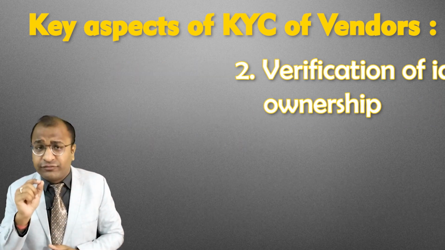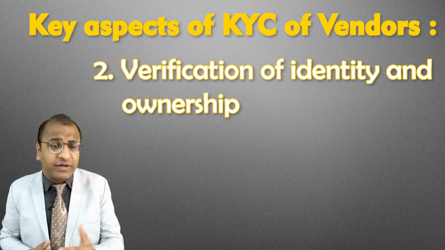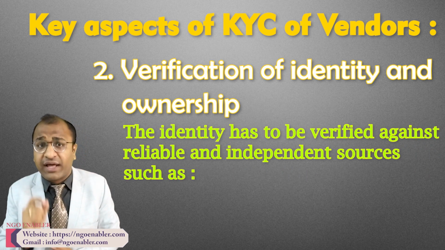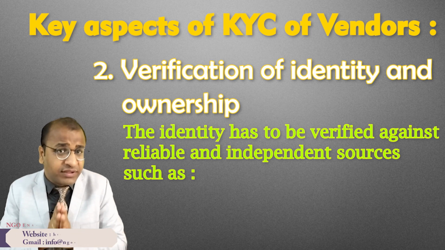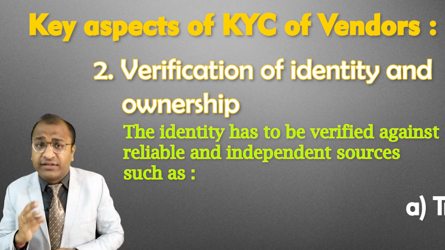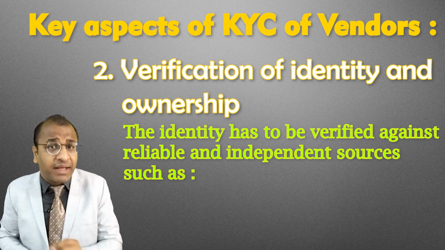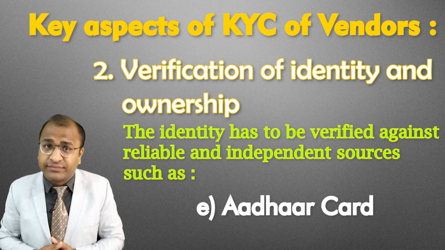Next comes the verification of the identity and ownership. Once the vendor's information is collected, it has to be verified against reliable and independent sources. This can include the government issued identification documents such as the trade licenses, the GST certificates, PAN card, bank statements, and Aadhaar card.